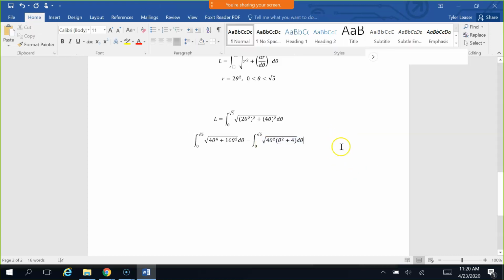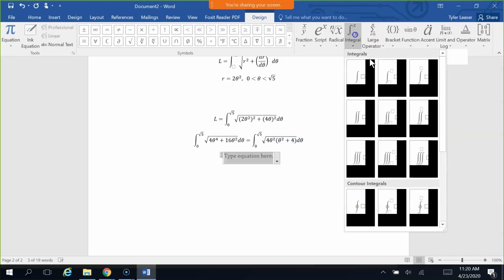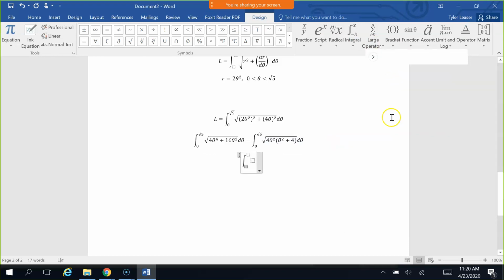Okay, so now what I'm going to do is, because we have 2 separate terms that we're taking the square root of, we have the 4 theta squared, and then we have this theta squared plus 4. We're just going to do the square root of each of these separately. And the square root of 4 theta squared is 2 theta. But then we still have that square root of the theta squared plus 4.